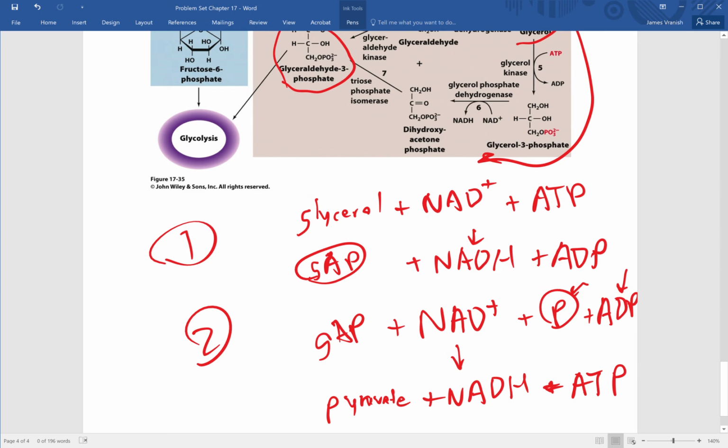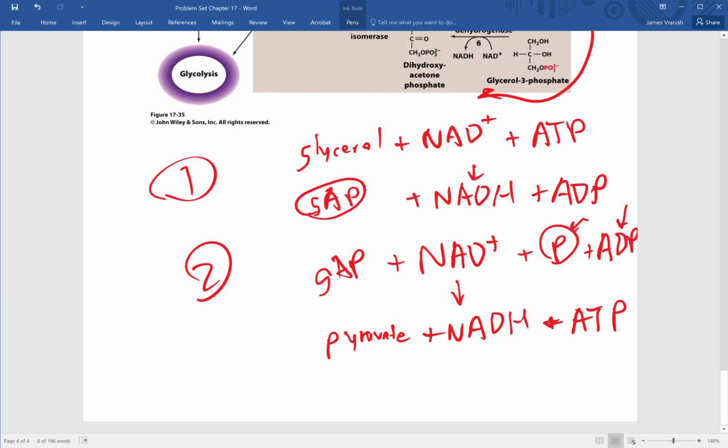Now at this point, we can add these two reactions together. So we're going to end up with glycerol. Our glyceraldehyde 3-phosphates are going to cancel out since they're on opposite sides of the reaction. So we're going to have our glycerol plus, hang on, I might be missing something. Give me a second to think here.